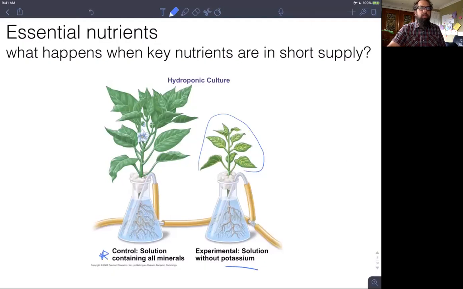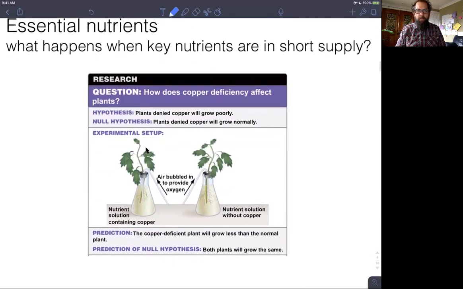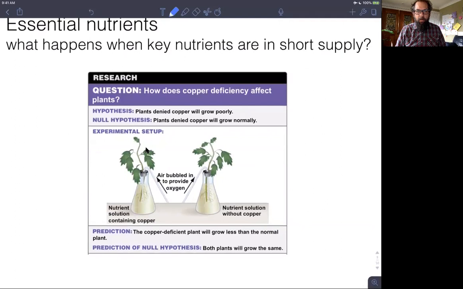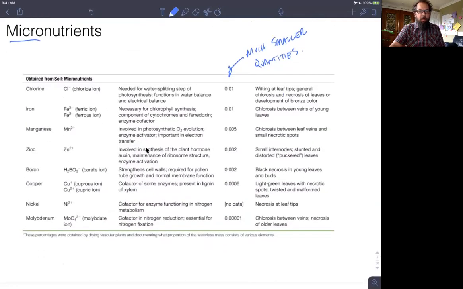And so here's just another example of that, showing you what happens if we don't have copper, if there's a copper deficiency in plants. And I like this example because, if you remember, copper is an essential micronutrient that's required in a very small quantity in the plant.